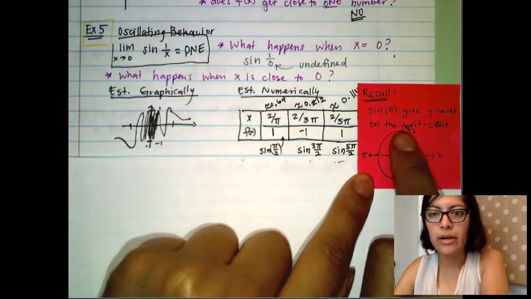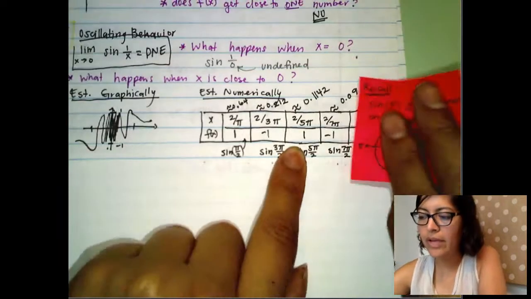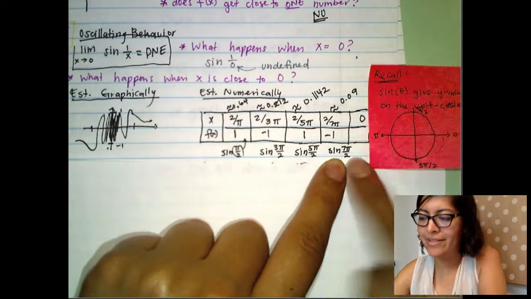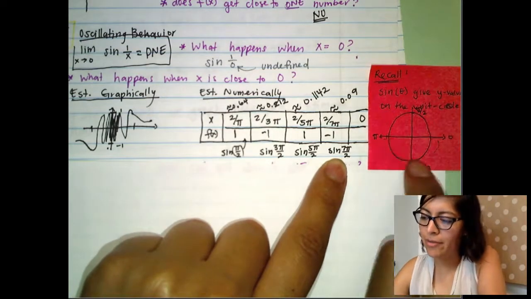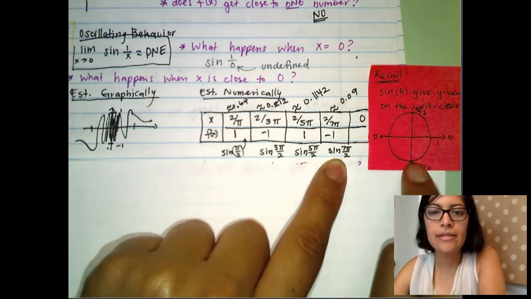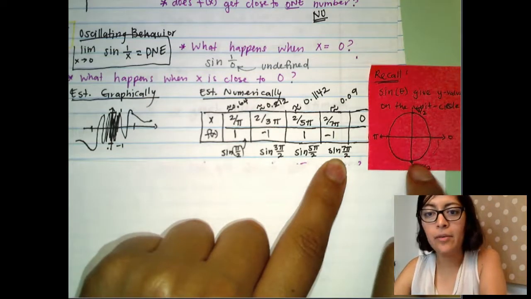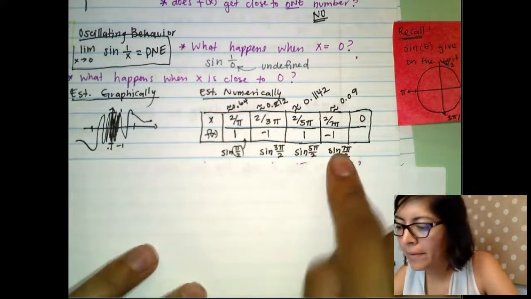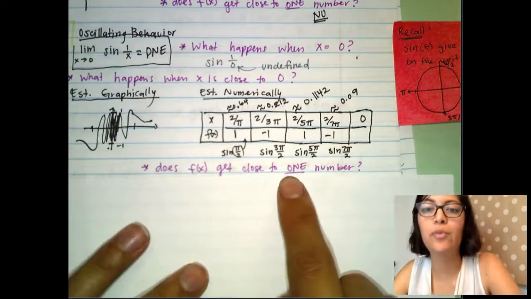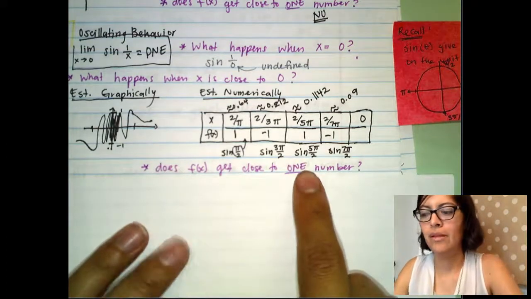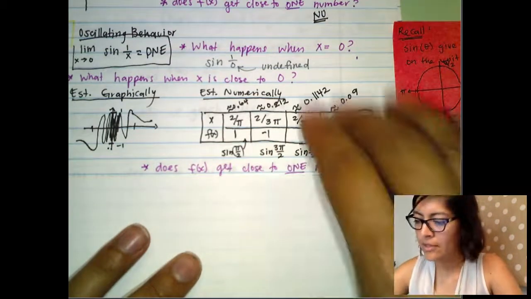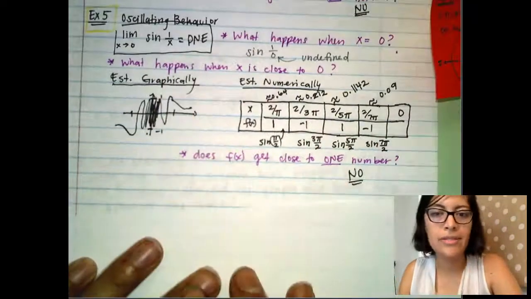So y is equal to 1 up here. We can go again, sine of 7 pi by 2, that's a y value down here, which is negative 1. So as it approaches 0, does it get closer to one number? The answer is no, it doesn't. It goes all crazy. So this limit does not exist as well.